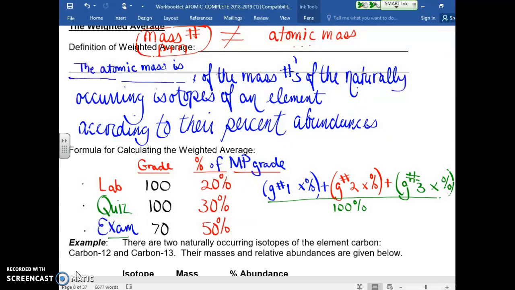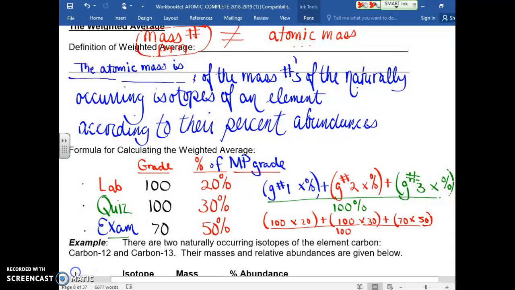First of all, let's adapt the formula slightly. Instead of mass numbers, we're going to put in grade numbers here. So I have the lab, grade number 1, the quiz, grade number 2, and the exam, grade number 3, times its percent weighting. Let's plug the numbers in now. Your lab has a score of 100. That's weighted 20% of your grade, plus the quiz grade of 100 times its weighting.